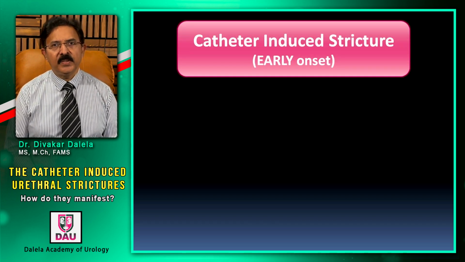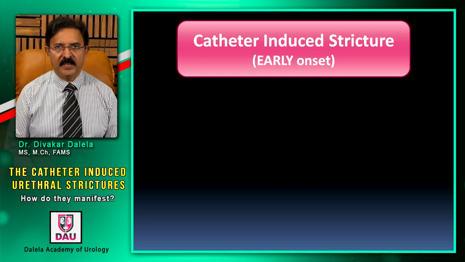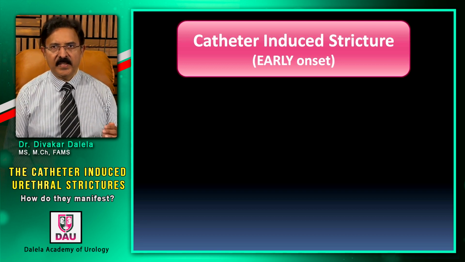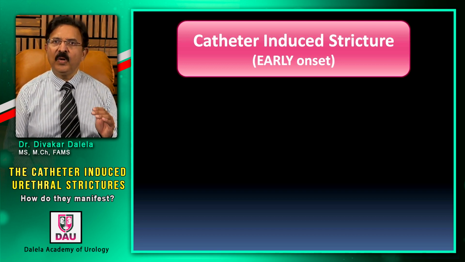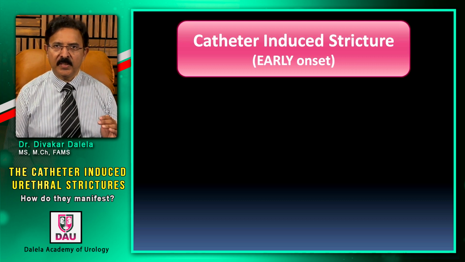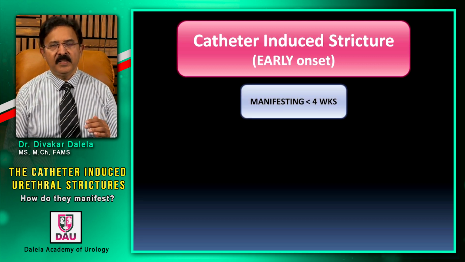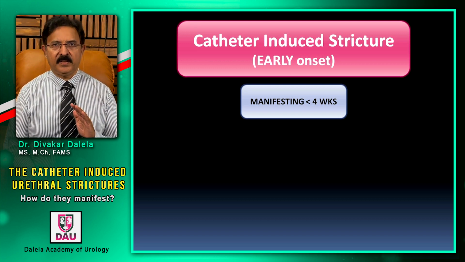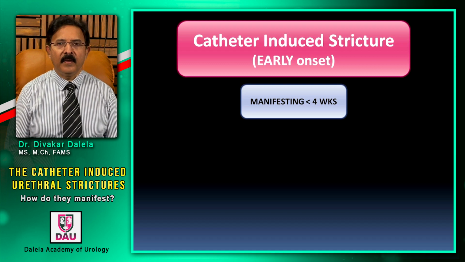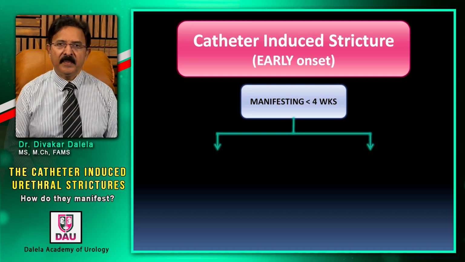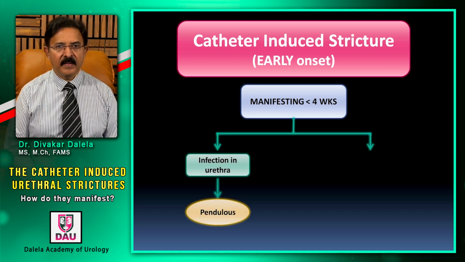The catheter-induced strictures can present very early in the natural history, and I call them early onset catheter-induced urethral strictures. These are the ones which present within 4 weeks of catheter insertion, 1 month. Why they present early?